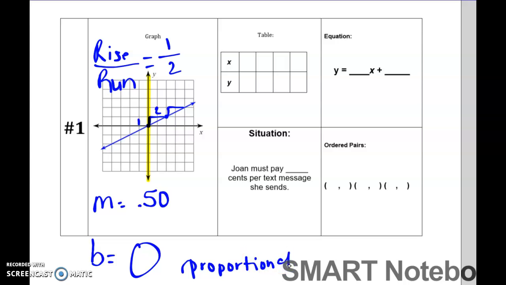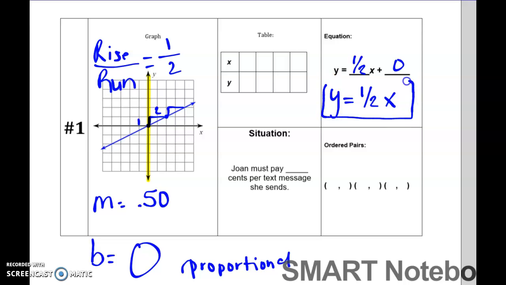Okay, so my equation would be 1/2 x or 0.5x plus 0, but we don't like to write it like that. So our equation is y equals 1/2 x.